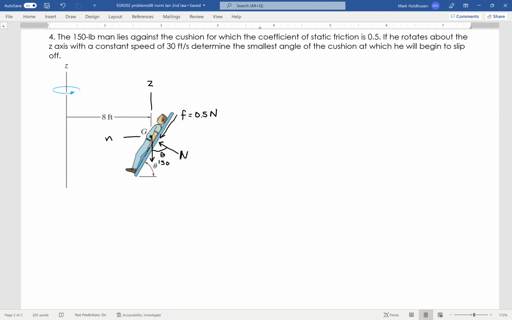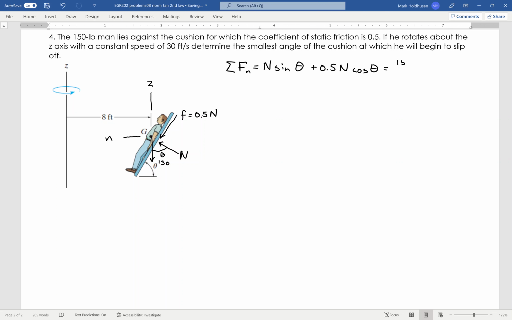Okay, so from that, we'll go ahead and sum my forces in that normal direction. Okay, and I'm going to have N sine of theta. And then I'm going to have my friction force, which will be cosine of theta. And again, I'm at the maximum friction force. That's why I use 0.5 N. Okay, and this is going to equal the mass times the acceleration in the normal direction.